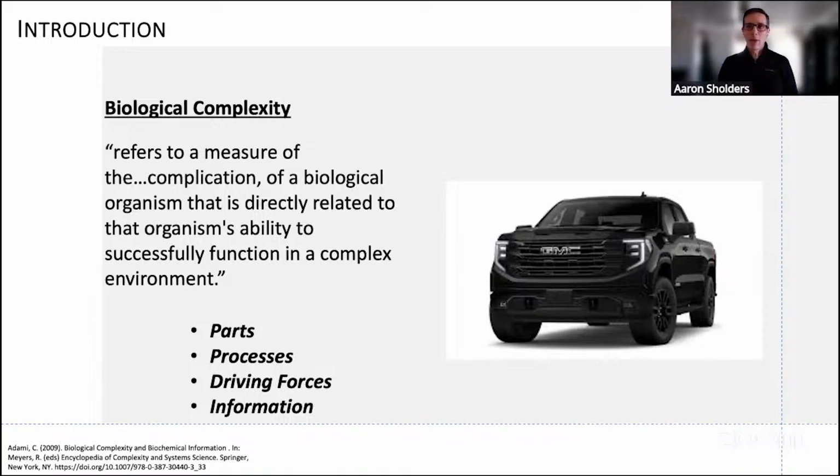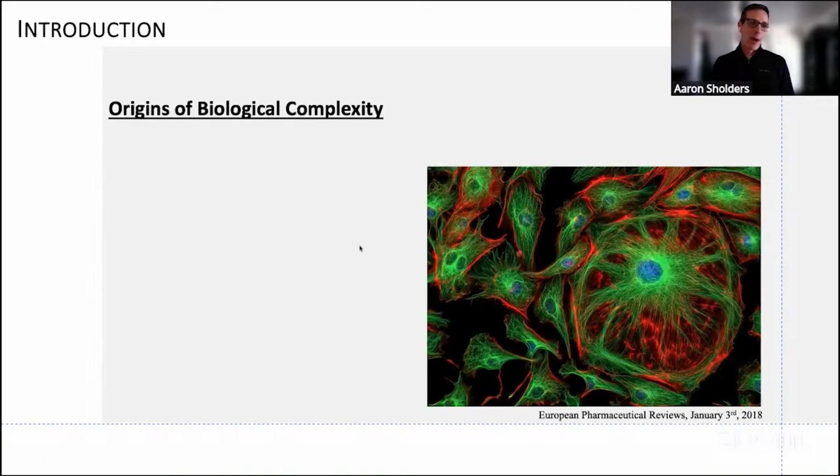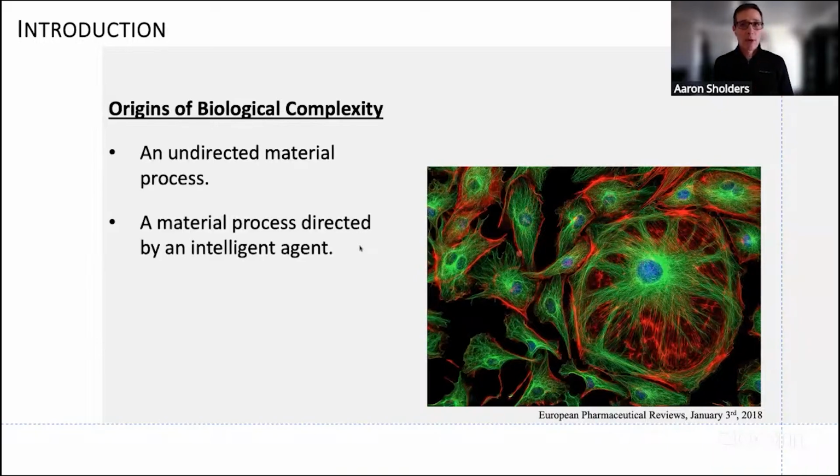Now, when we think about the origins of biological complexity, there are really just two main options that have been debated for centuries and centuries. One of those options is an undirected material process.